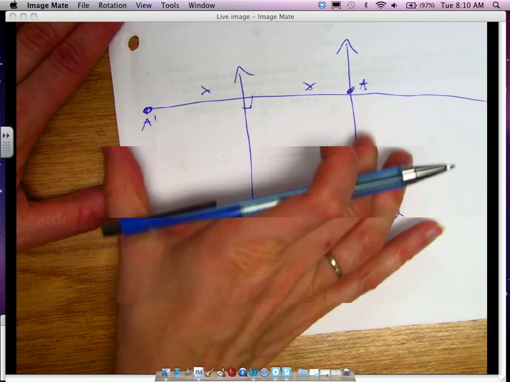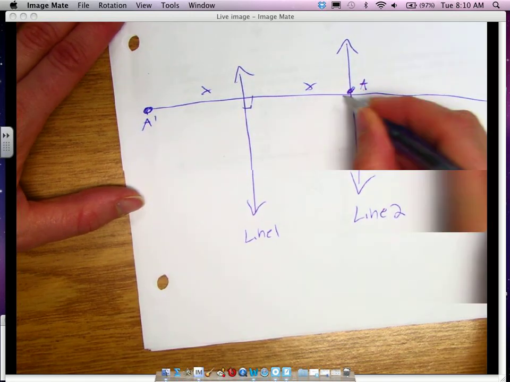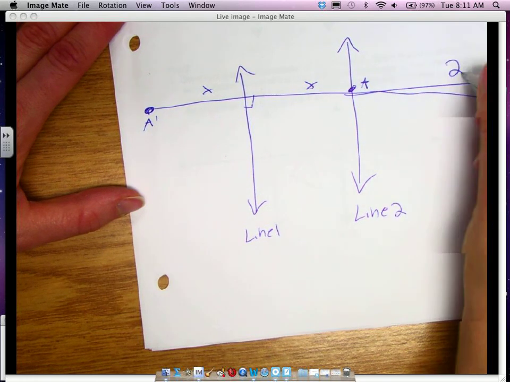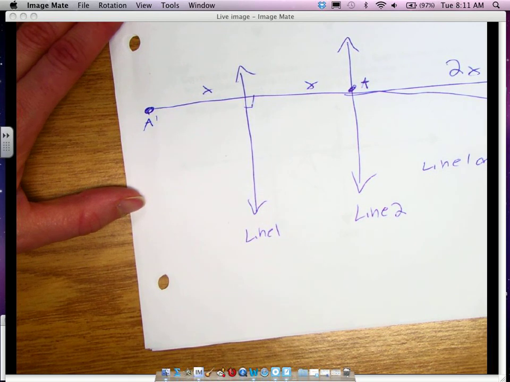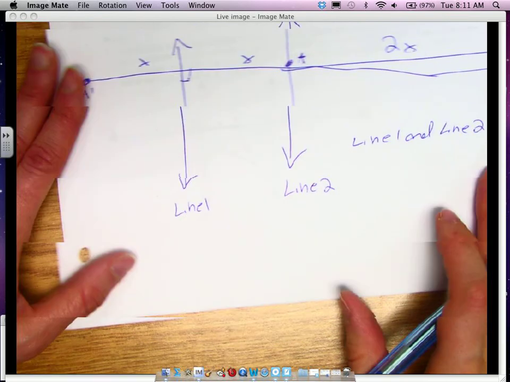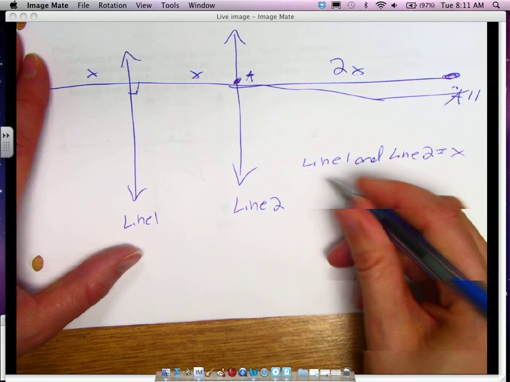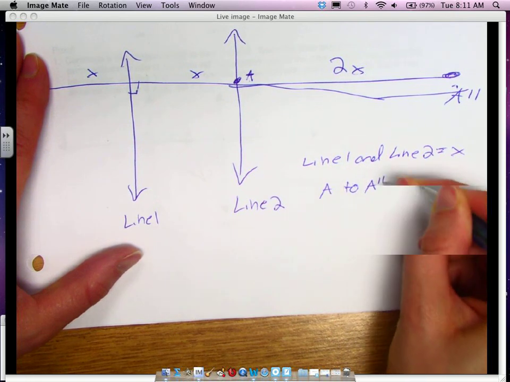If we take this whole thing and reflect it over line 2 in my nice perpendicular line, we get 2x. So the distance between line 1 and line 2 equals x. And the distance between A and A naught equals 2x.